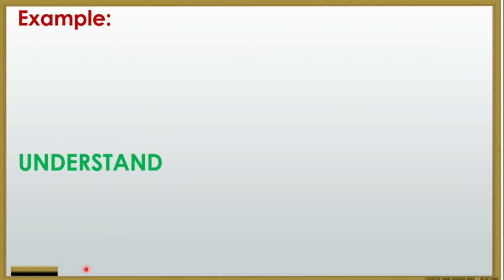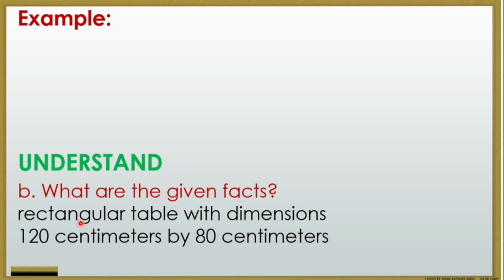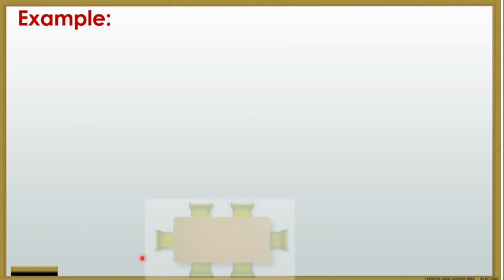Then, let's know what the given are. The given is the rectangular table with dimensions of 120 centimeters by 80 centimeters. Okay, next. This would be the representation for the problem. We have a rectangular table cover with dimensions of 120 centimeters by 80 centimeters.